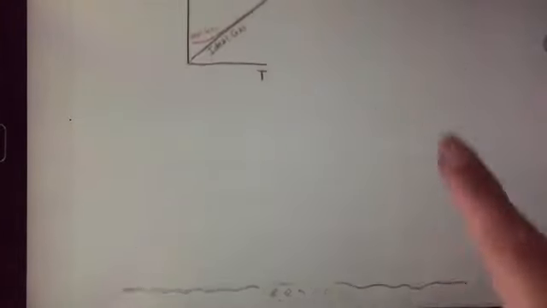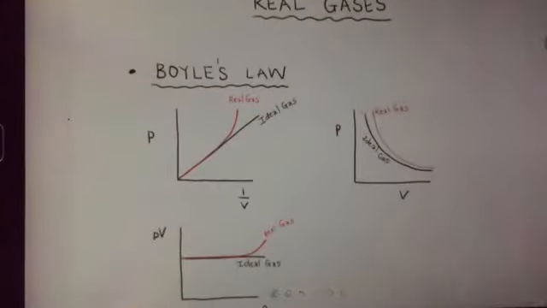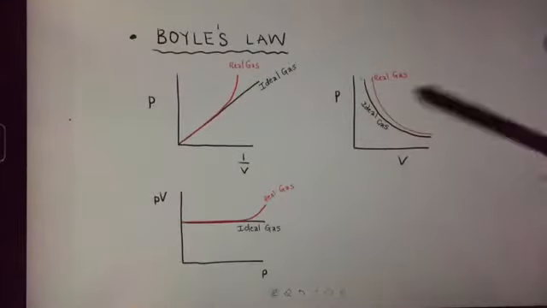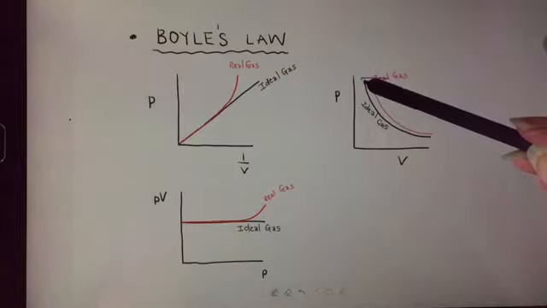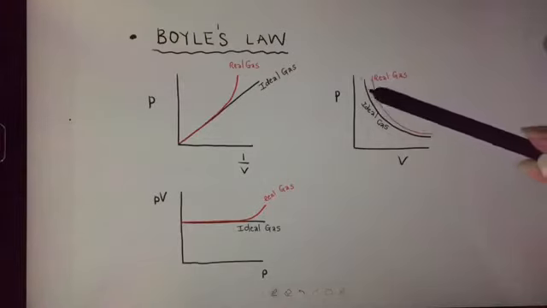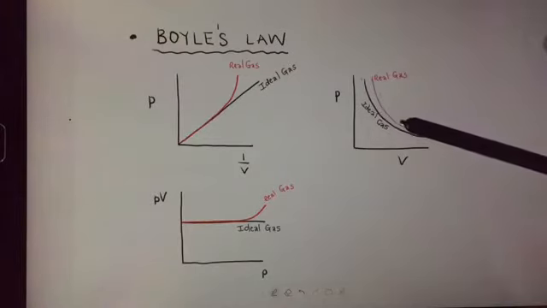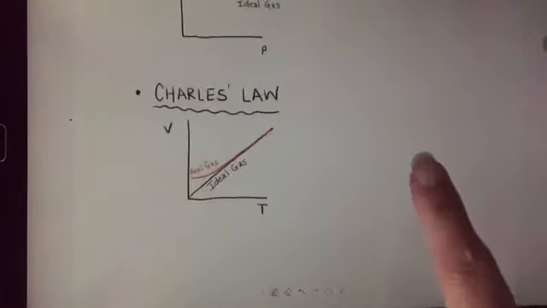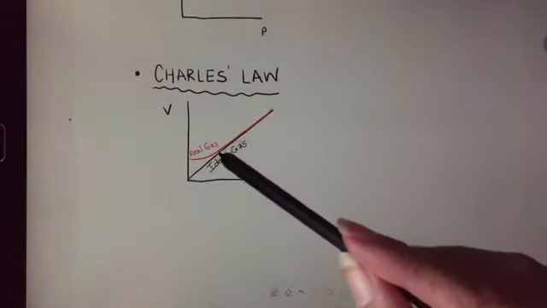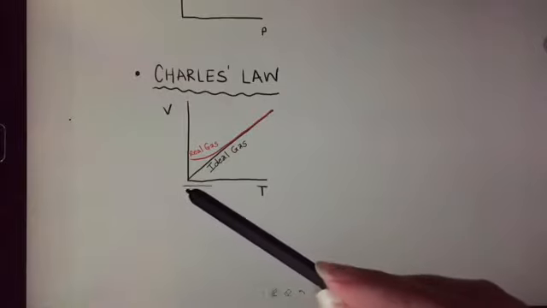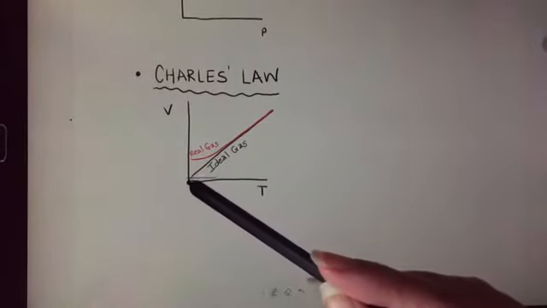So if we go back to our graphs and we look at this one, for example, at very high pressures, your real gas will occupy more volume compared to the prediction of the ideal gas, because ideal gas particles don't occupy volume, but real gas particles do. And even if you look at Charles's law, according to the line that we drew, this original graph over here, at zero temperature, this gas occupies a volume of 0.